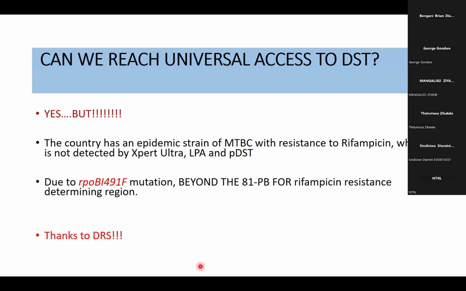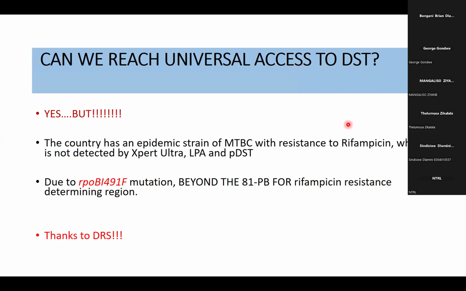It's because there is a mutation which falls outside the detection limit of GeneXpert. It's not just GeneXpert, but also LPA and phenotypic DST. So we are going to go back a little bit in terms of the background. All this information was found because the country took a step to conduct what we call a drug resistance survey for TB.